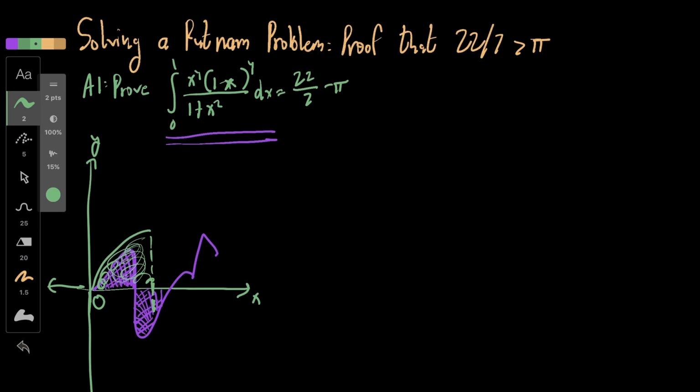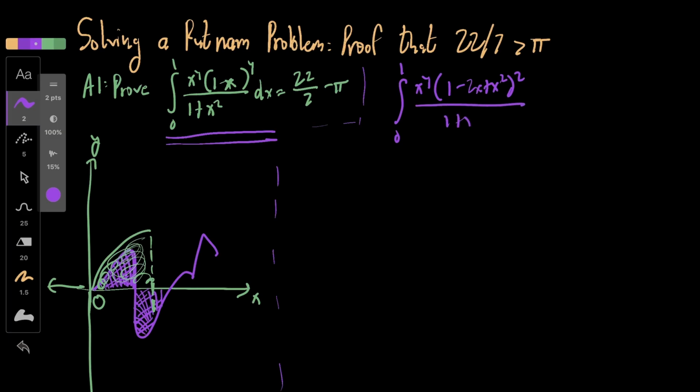So now let's move on to evaluating the integral. So we start by evaluating the numerator. So we have the integral from 0 to 1 of x to the fourth times 1 minus 2x plus x squared, all squared, divided by 1 plus x squared dx. Now this becomes the integral from 0 to 1 of x to the fourth.